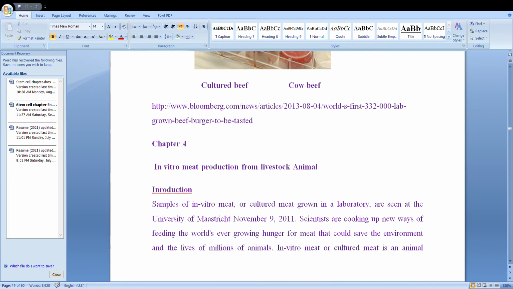Here we can see chapter 4, in vitro meat production from livestock animals. Also, in the same procedure they used, scientists are cooking up new ways of feeding the world's ever-growing hunger for meat that could save the environment and the lives of millions of animals.